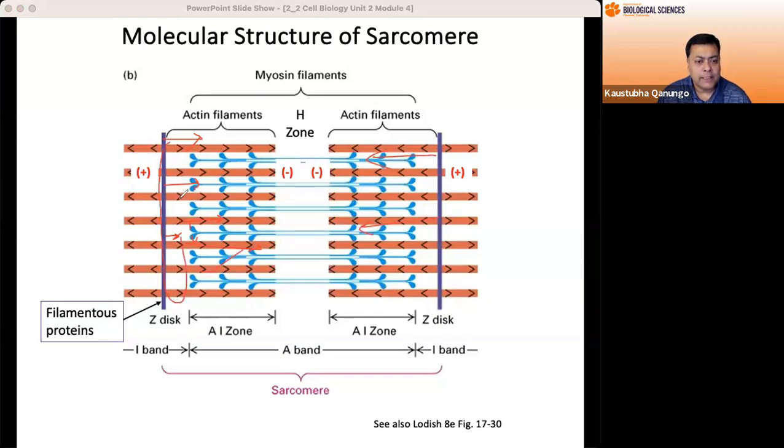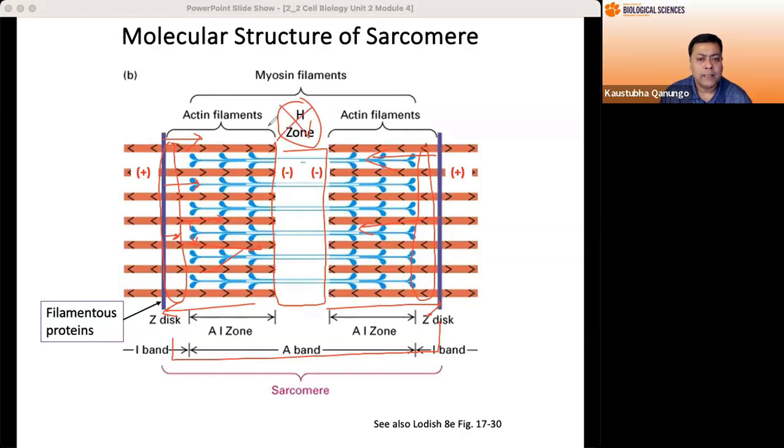And you are going to see that this I band right here is going to disappear. This entire zone is going to be the AI zone, and the A band will be the length of this entire part. And this H zone, which is just the rod portion in the middle of the thick filament, will basically disappear. These actins will connect to each other.